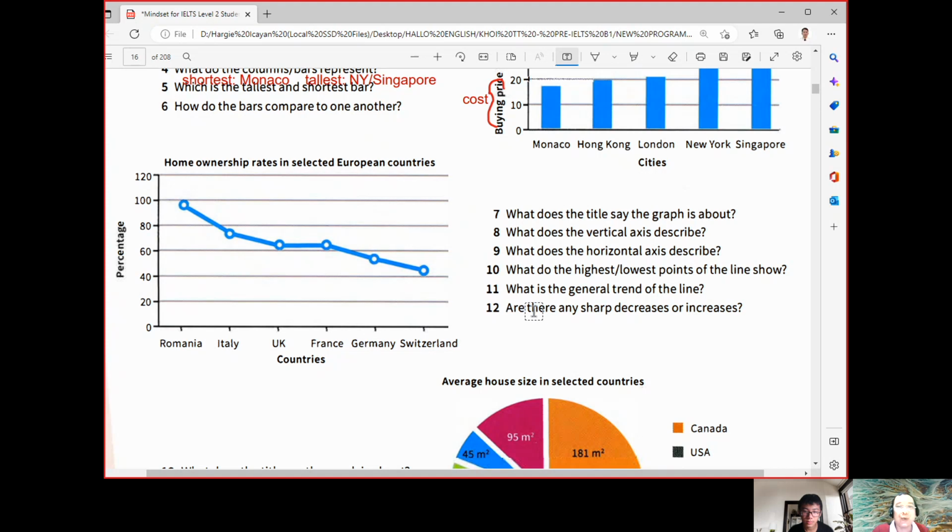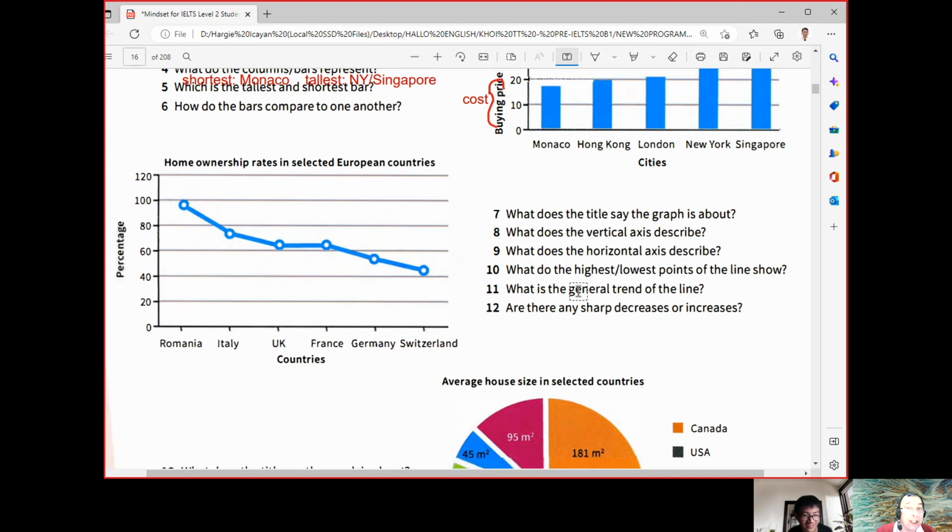Next, what do the highest points of the line show? They show the rate of people who own a house, right?